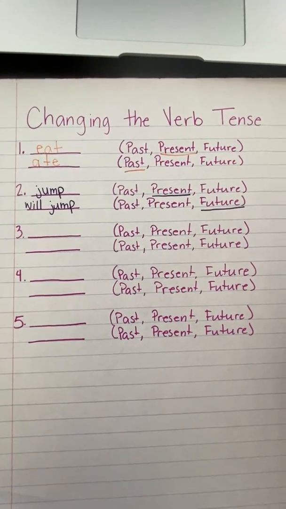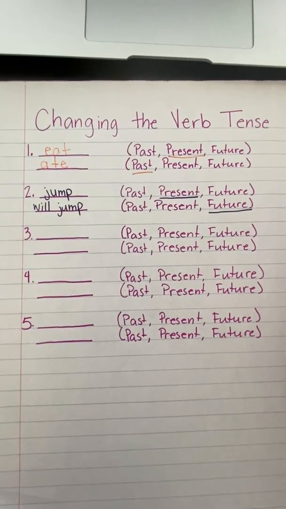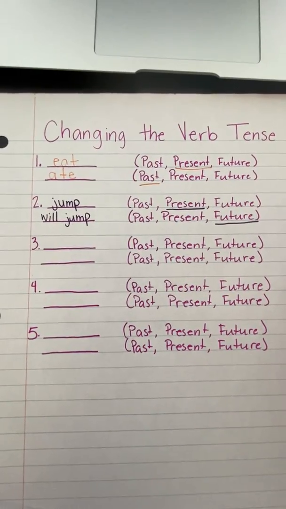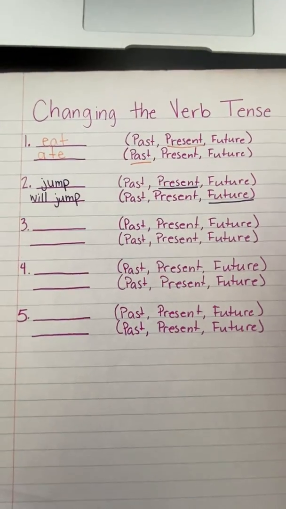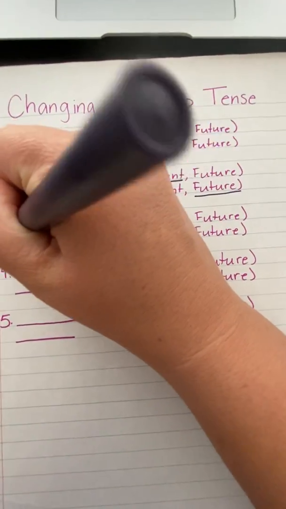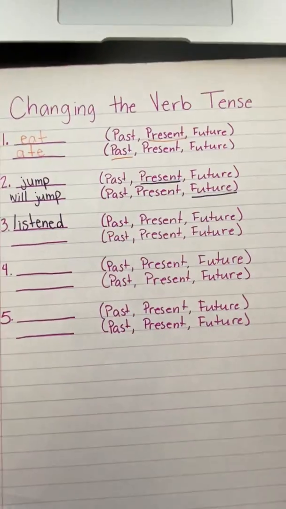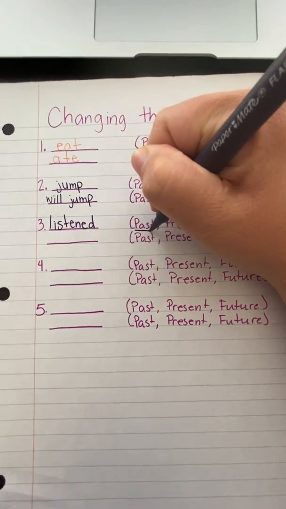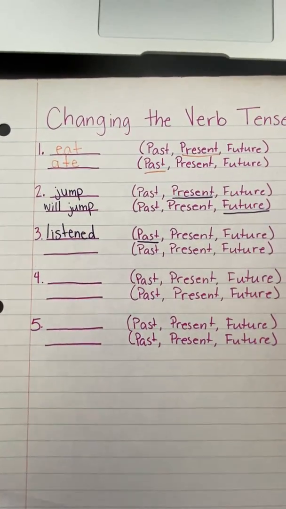Now let's think of another verb for number 3. What am I doing right now? Well, I could say I am listening. I'm going to start with something that's not in present tense though and see what we can do with it. I will say yesterday I listened. So I'm going to start with listened. Okay, now I know that I started in past tense and I have to change it to either present tense or future tense.